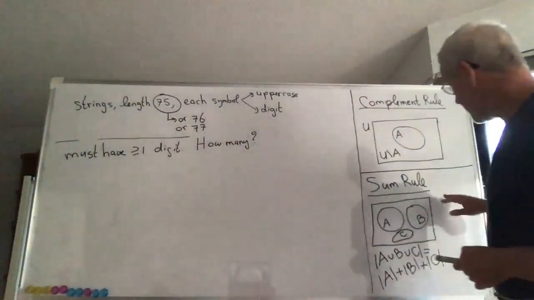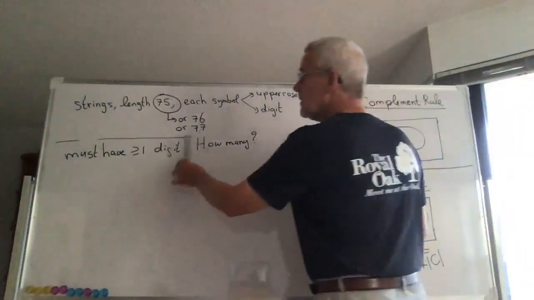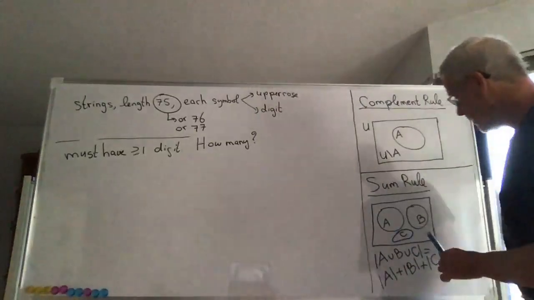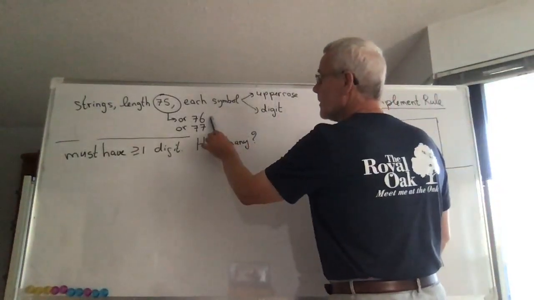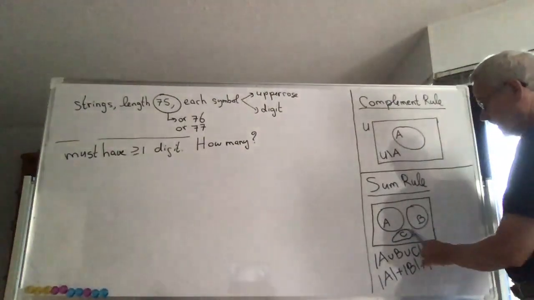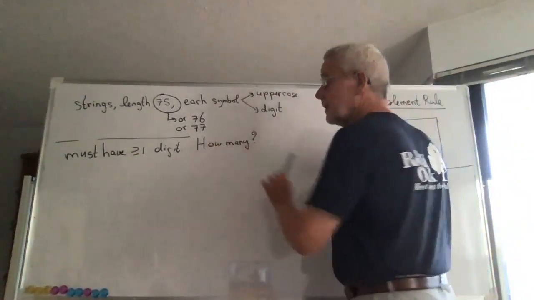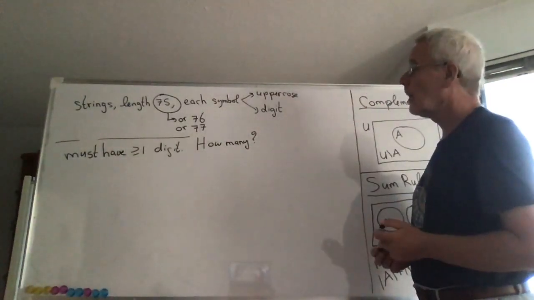Okay, so in this case here, the set A will be all strings of this type having length 75. The set B will be all strings of length 76. And the set C will be the set of all strings of length 77 that contain at least one digit.